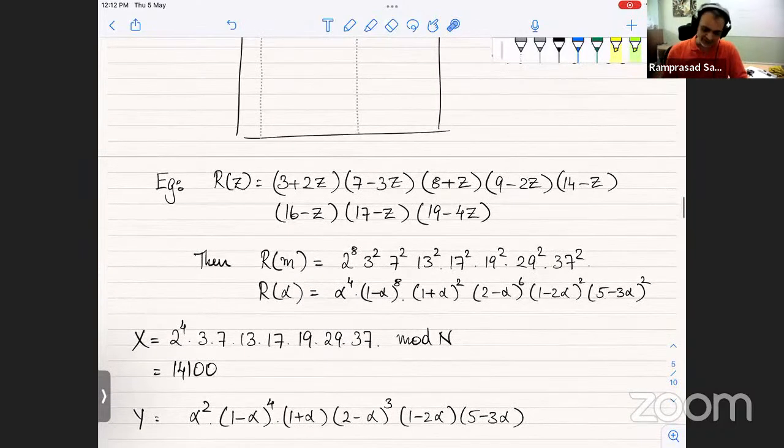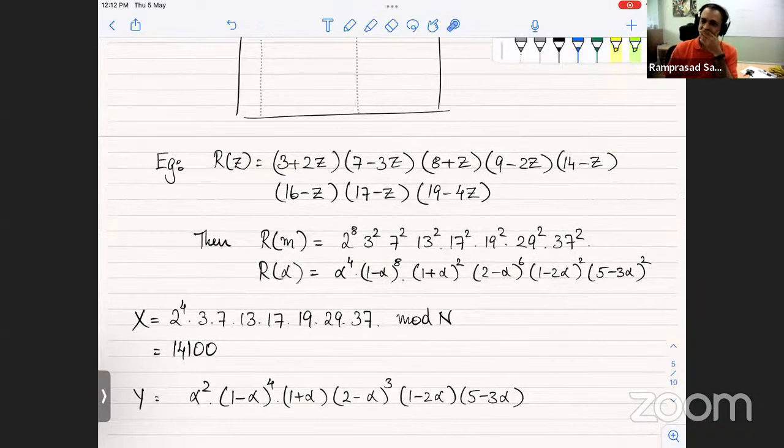Now what do I need to do about y? Again, I can take the square root of whatever this thing is. So that's what this y is here. But this is not what I want. I want a number modulo n such that x squared equals y squared mod n.